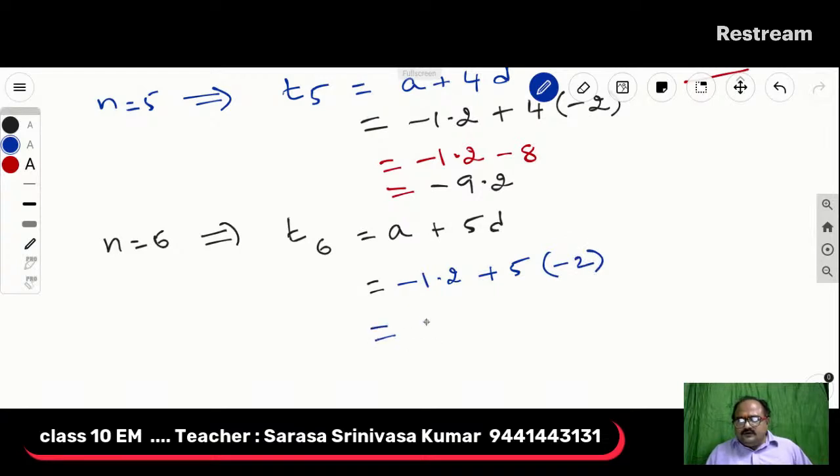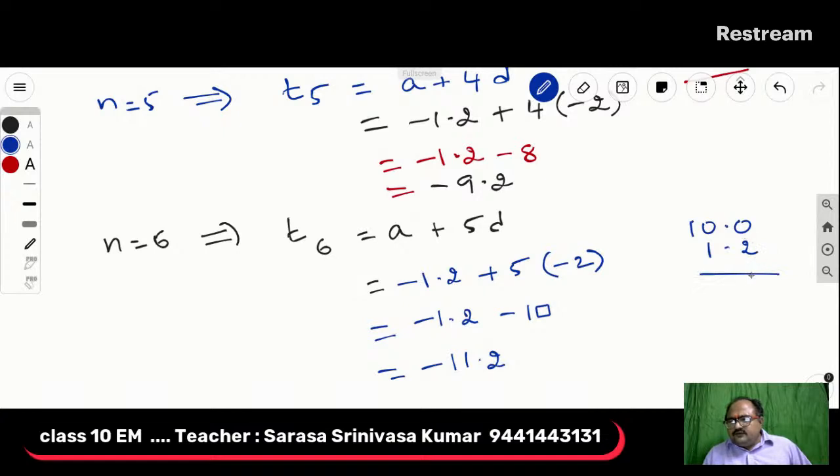This is equal to minus 1.2 minus 10. So we get minus 11.2. Here we write 10.0 and 1.2. If we add these two, we get 11.2. Here have negative symbol before these two. So we write minus 11.2.